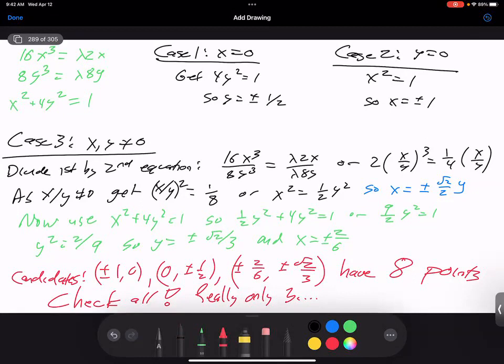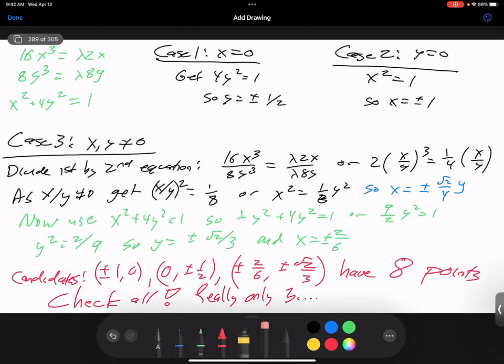So then we have x squared equals 1/8 y squared. So x is going to be, when I take the square root, it's going to be 2√2 down below. So it's going to be √2/4, I believe, right? Yes. And so now x squared is 1/8 y squared.